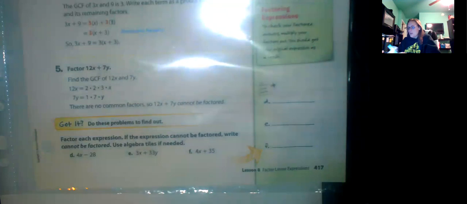Okay, so these are very similar to the problems that we saw on the previous lesson, where we drew a picture and we wrote what there was. But now we're going to do it with factor trees. So 4x is 1 times 4x and 2 times 2x.